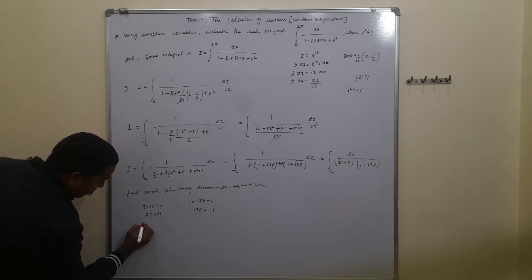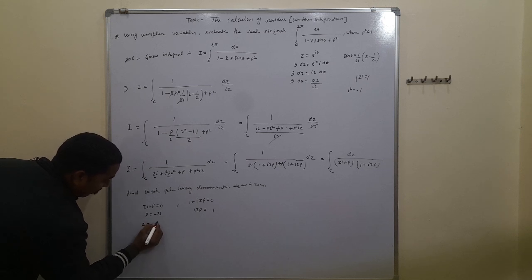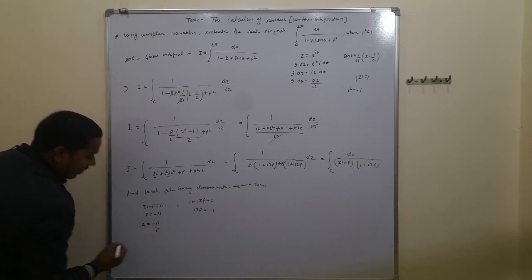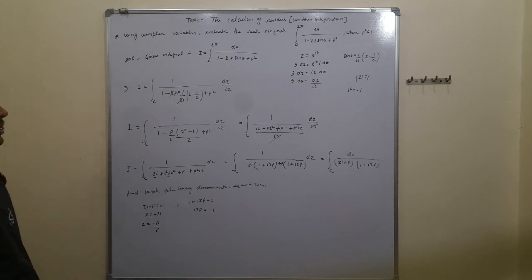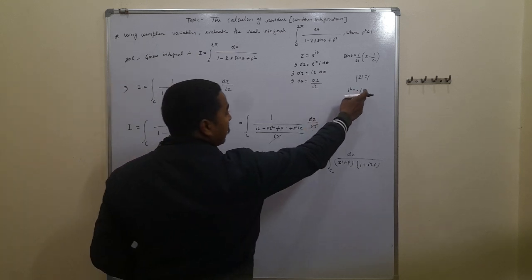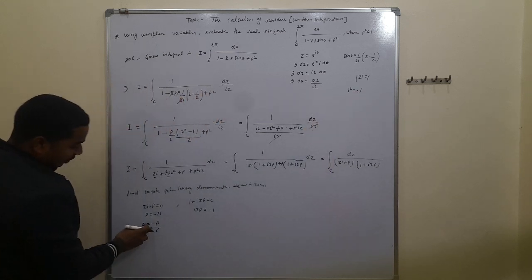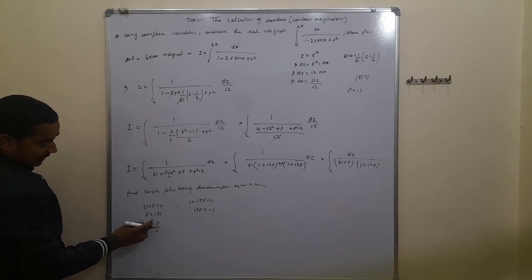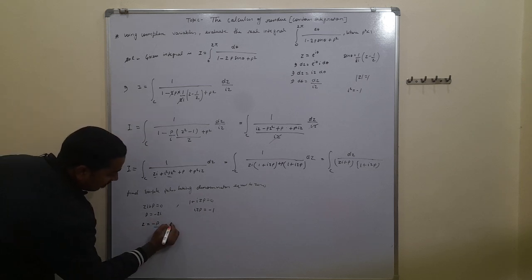We can also write z is equal to minus p upon i, and we know that in complex integration i square is written as minus 1, so in place of minus 1 we put i square, that is, i square p upon i.